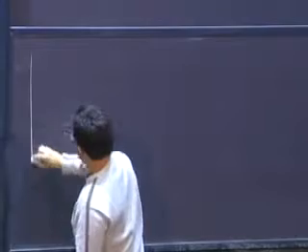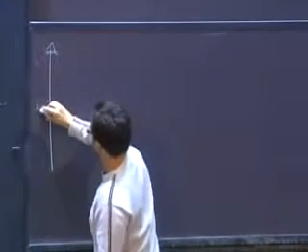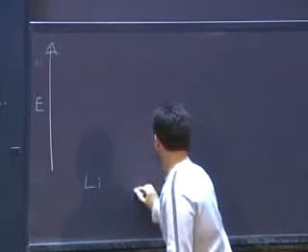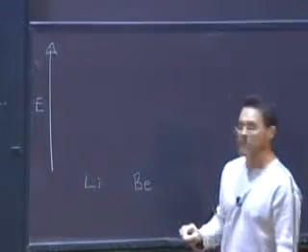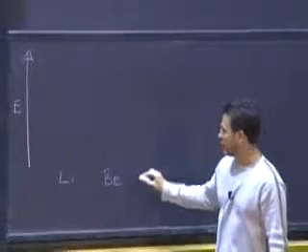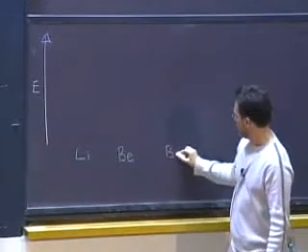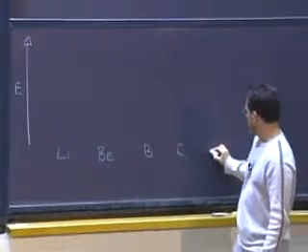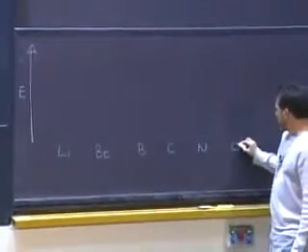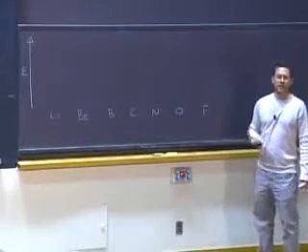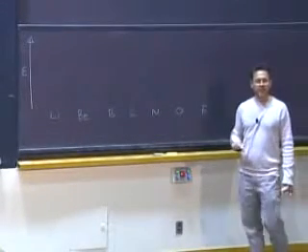This will be with reference again to energy, and I'm interested in how some of the properties of the atoms vary as we go across the periodic table, from lithium to beryllium to boron to carbon to nitrogen to oxygen and over to fluorine. And I'll stop there. Won't worry about any more of the noble gases today.